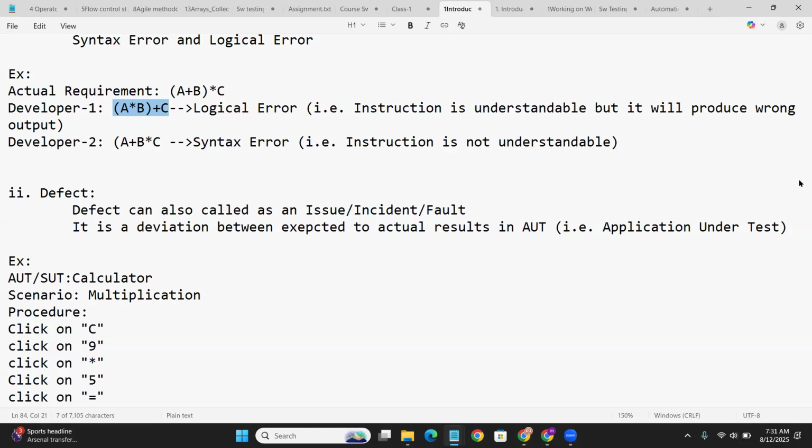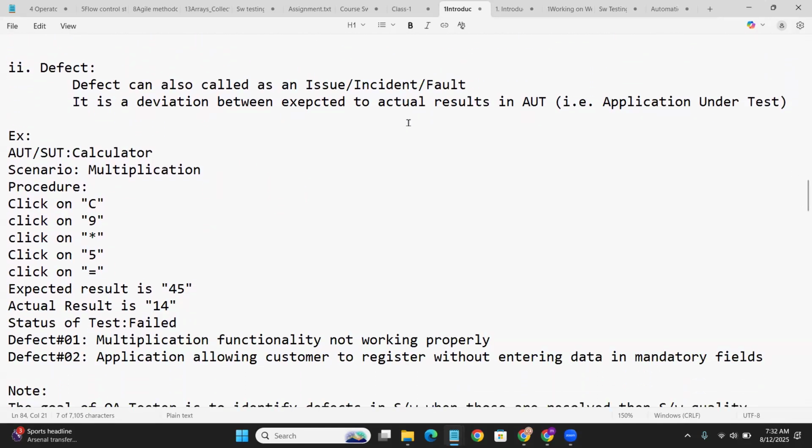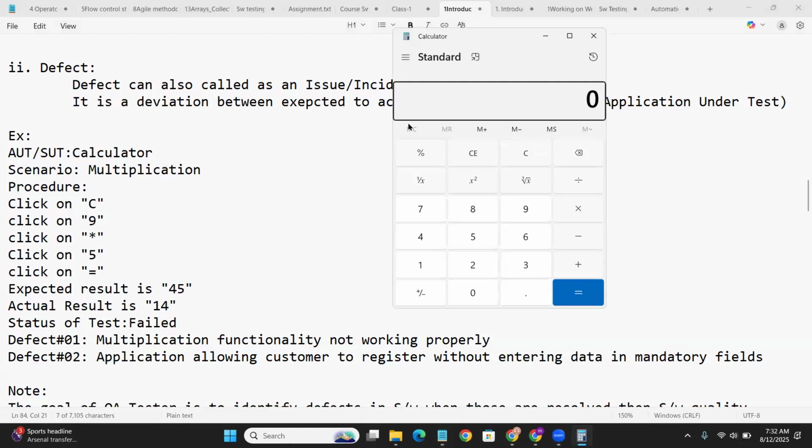The scenario here is that I want to do multiplication in this calculator. I want to test the multiplication functionality. If I want to test it, some procedure is required, some components I need to press. The procedure we write is nothing but test cases.